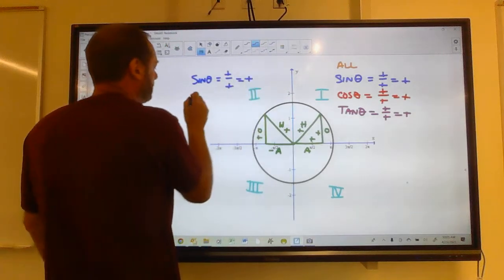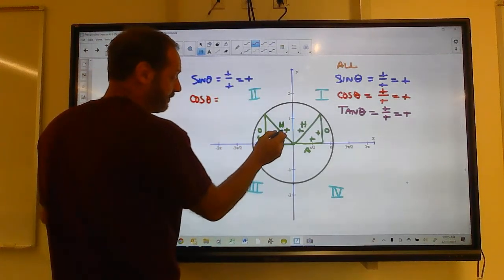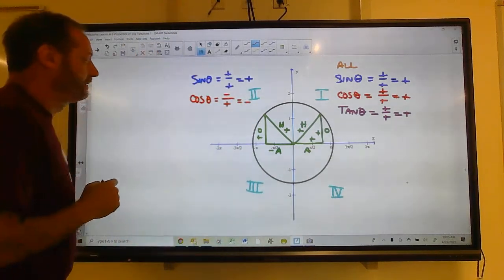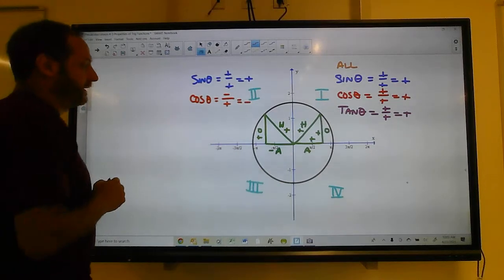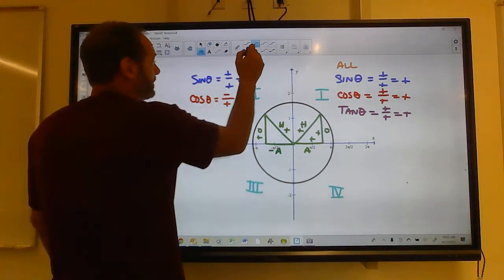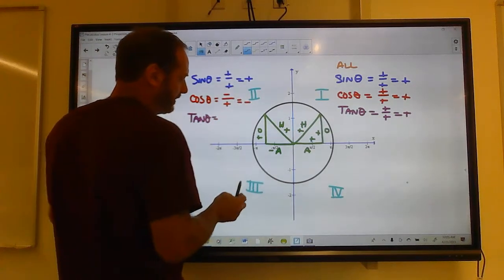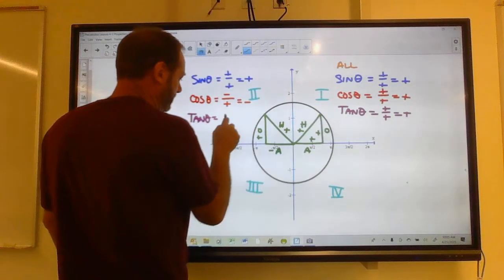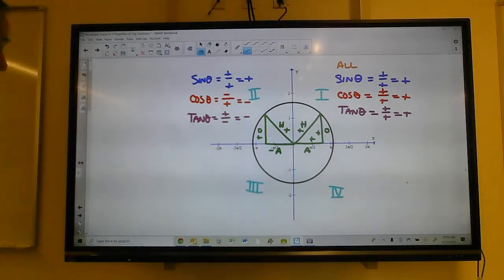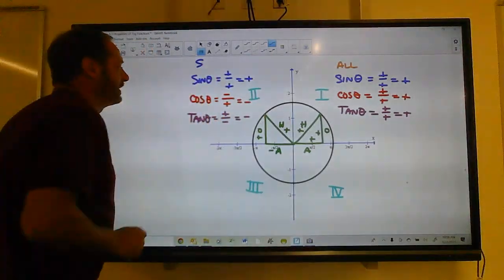My cosine is a negative over a positive. That's going to be negative. Okay? And then my tangent is going to be the opposite over the adjacent. That's going to be a positive over a negative, so that's also a negative. Okay, so just sine is positive over here.